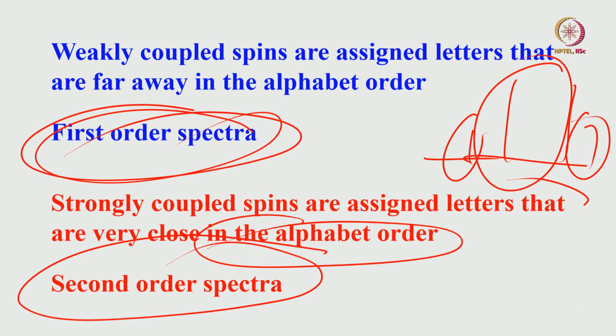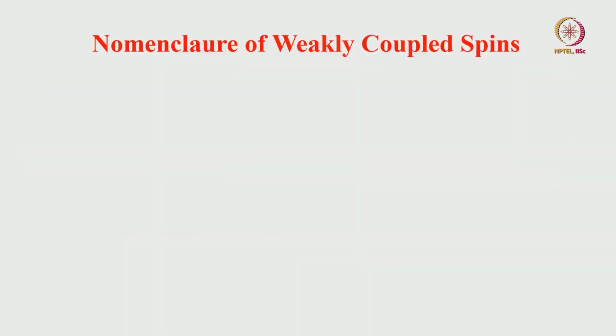But even the intensity you have to calculate, it is not easy. You have to do some mathematical analysis. So, the second order spectra are not easy to analyze. You have to do quantum mechanical calculations or numerical simulations. That is the thing you must understand for strongly coupled and weakly coupled spin systems.